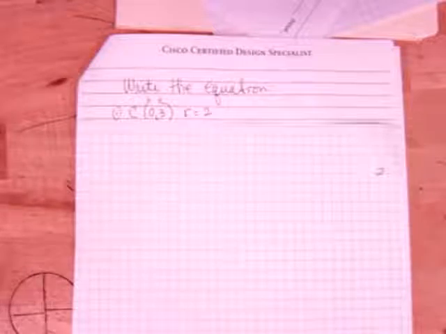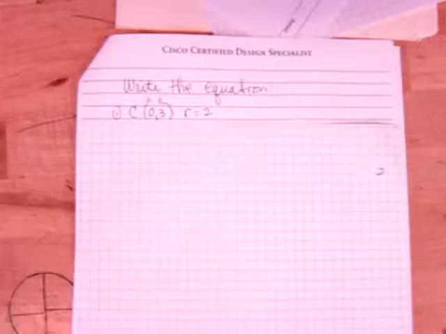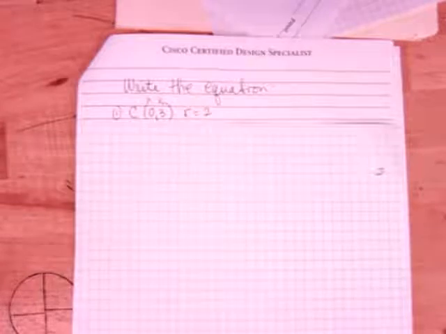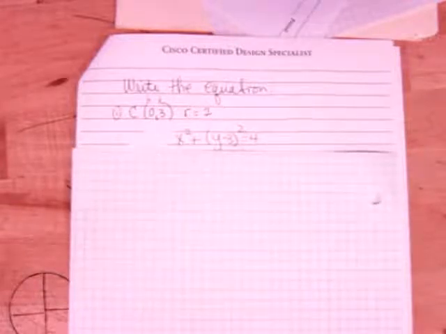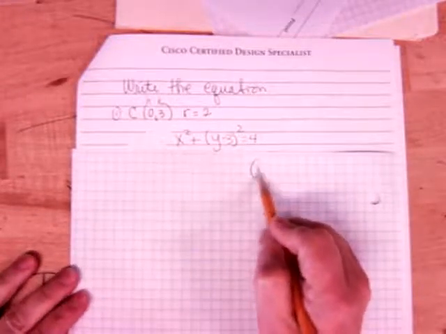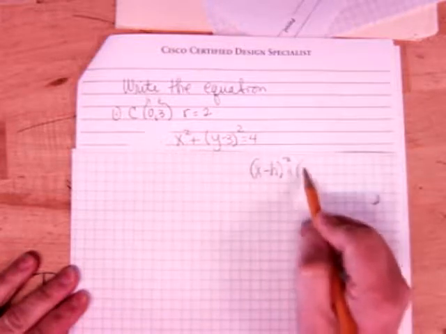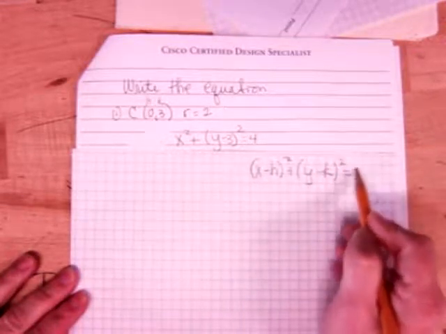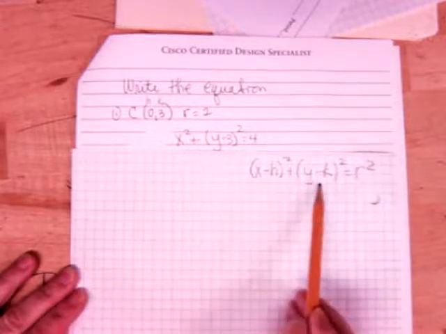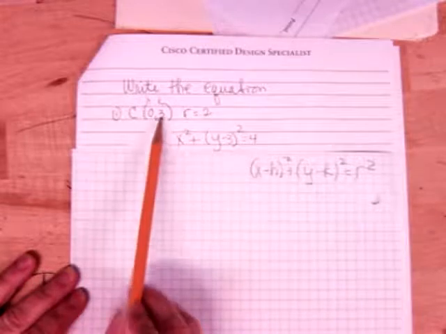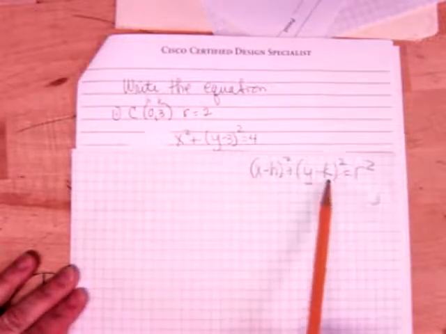It's going to be x squared plus y minus 3, quantity squared, equals 4. Remember the equation standard form is x minus h quantity squared plus y minus k quantity squared equals r squared. So it's a negative form, and all we do is plunk this right down so it stays negative.